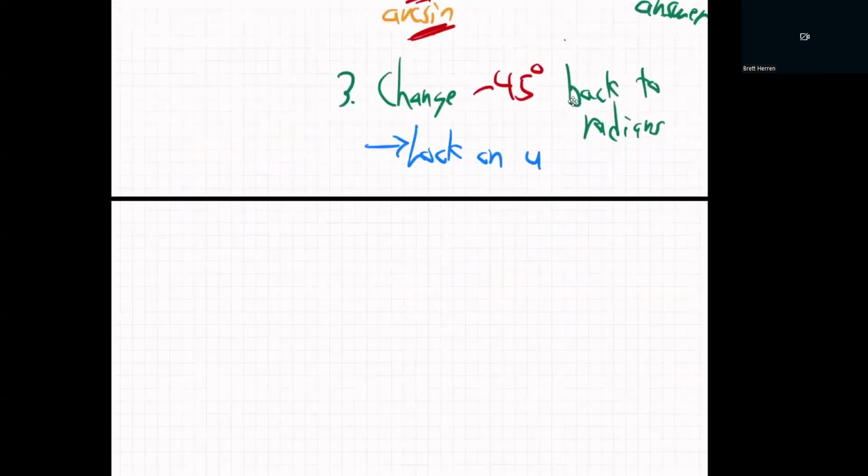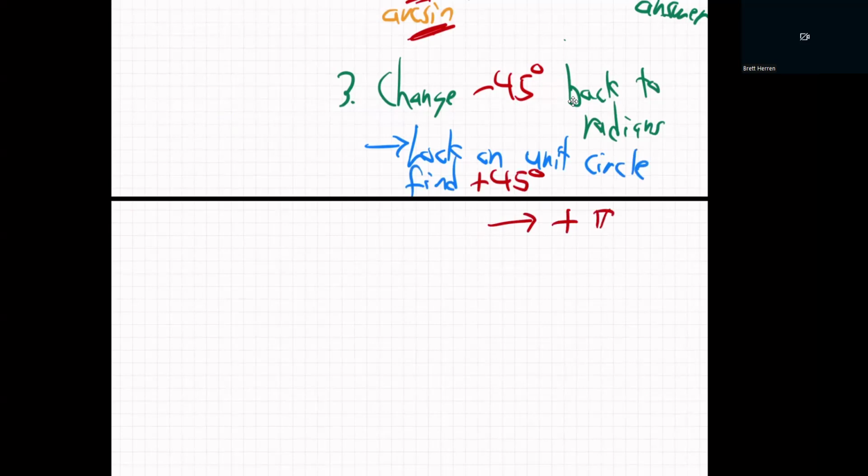Look on the unit circle and find positive 45 degrees, and that'll be at positive pi over 4. So negative 45 must be negative pi over 4, and that's our final answer, which you can see they gave right there.